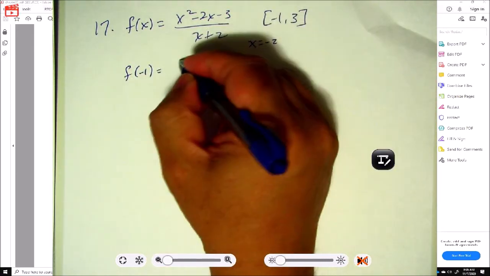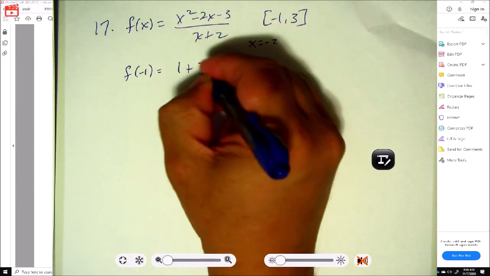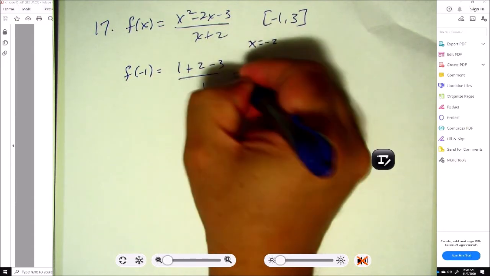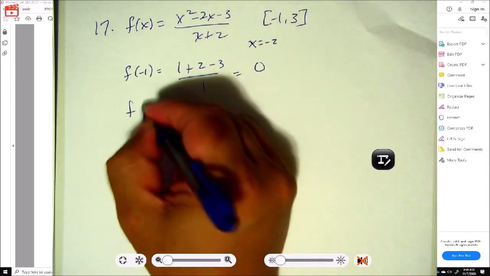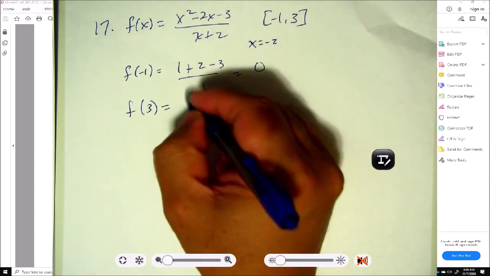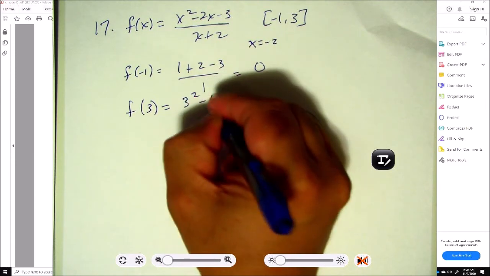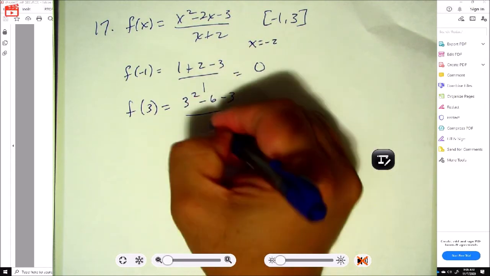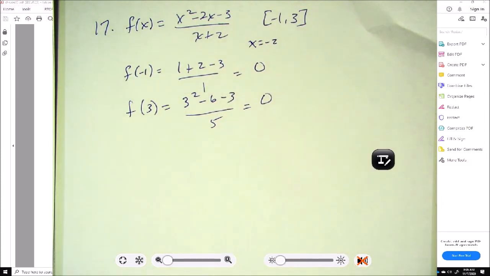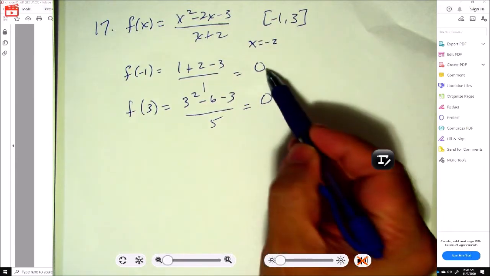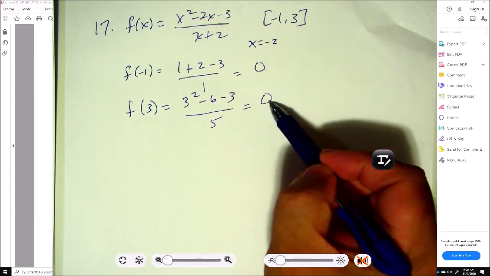So you plug in -1, so it'll be 1 plus 2 minus 3 over 1, which is 0. And you plug in 3, and that'll be 3 squared minus 6 minus 3 over 5, which is also 0. Right? That was also the requirement of Rolle's theorem, that the values are the same.